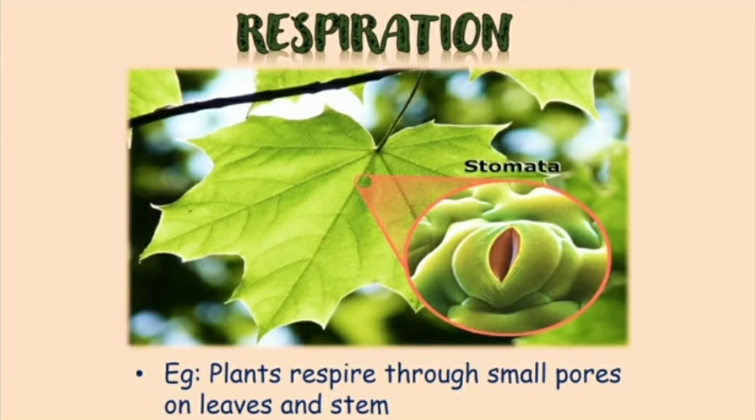And on the other hand, plants respire by means of small microscopic pores on their stems and leaves. As you can see on your screen, children, plants respire through small pores which are called stomata, which are present on the leaves and stem.